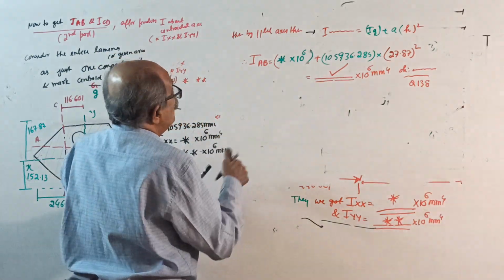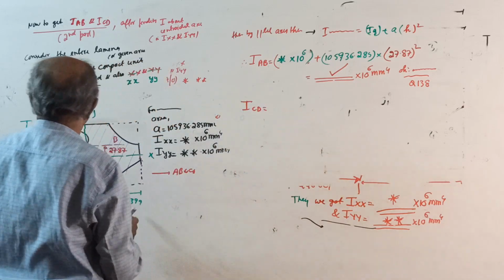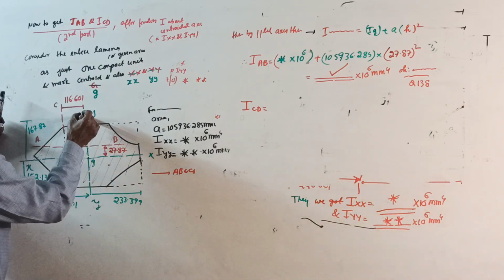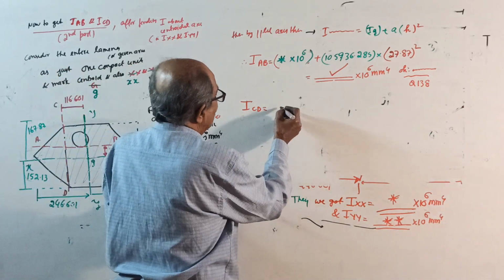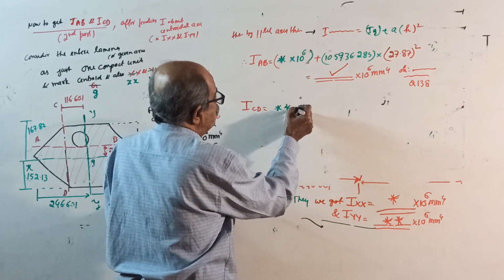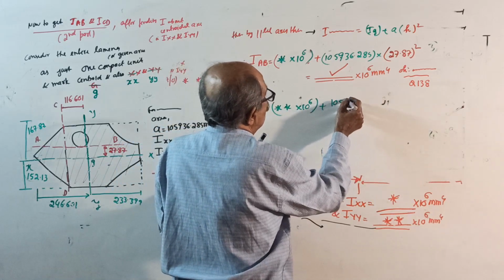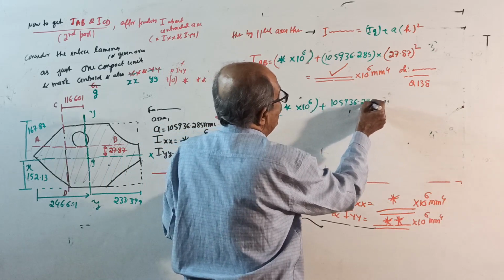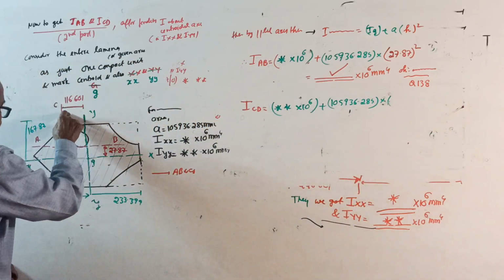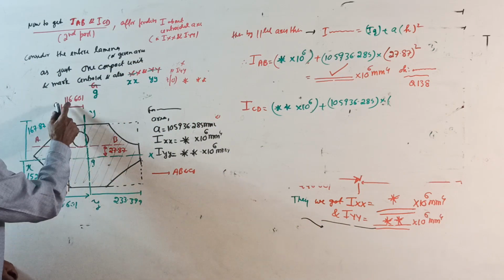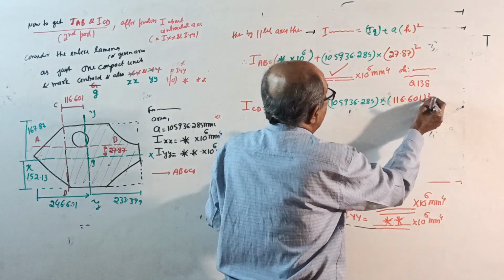See, these concepts are very powerful. I about CD equal to, first I about CD you want. Its own centroidal axis, full area, Iyy, that is double star into 10 to the power 6, Ig plus area 10,596.285, into the perpendicular square from centroid to CD, which is 116.601 square.